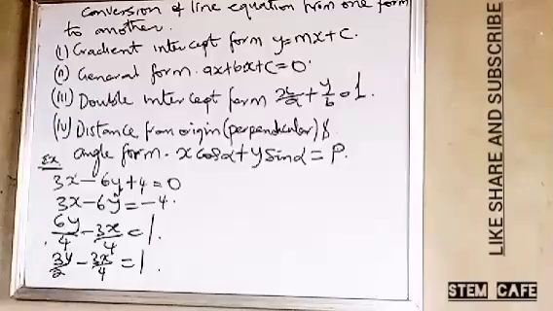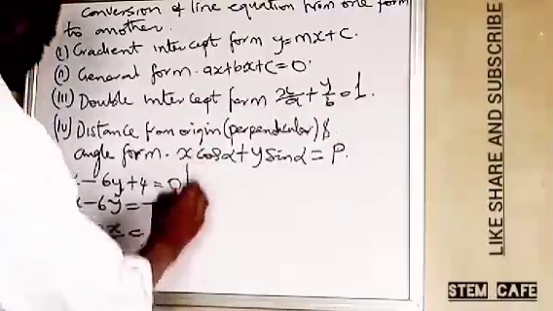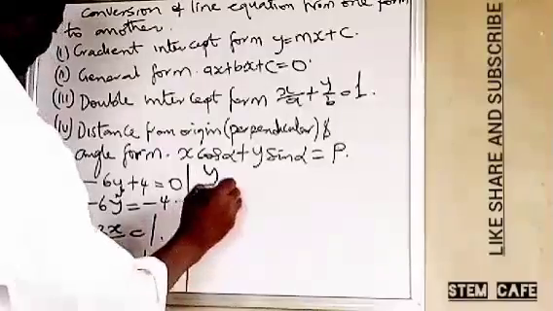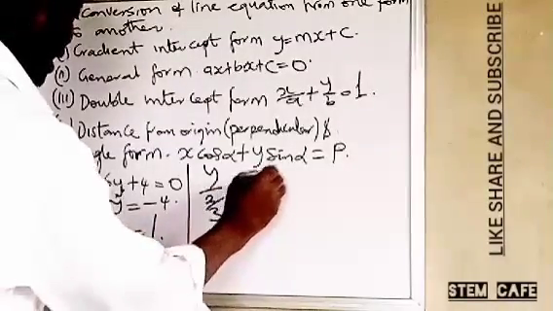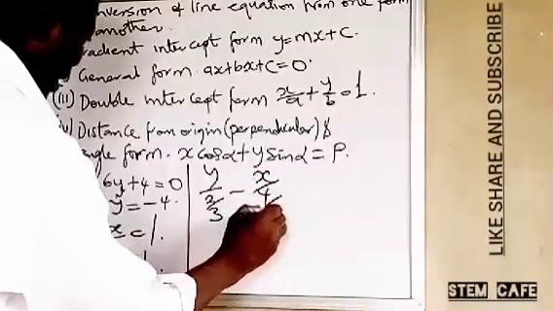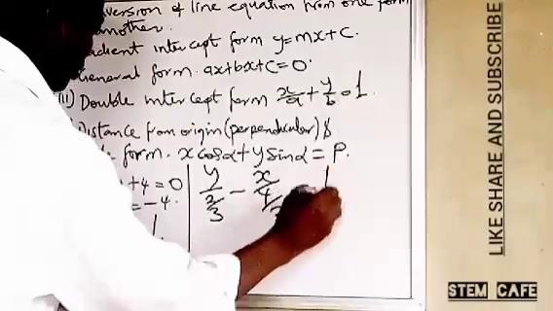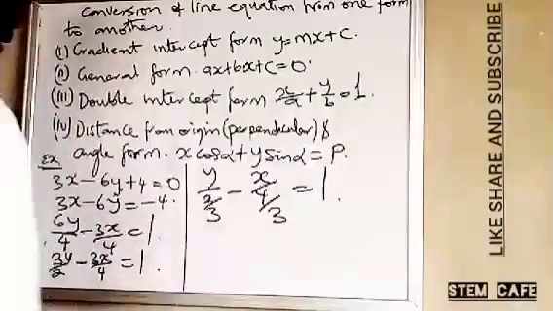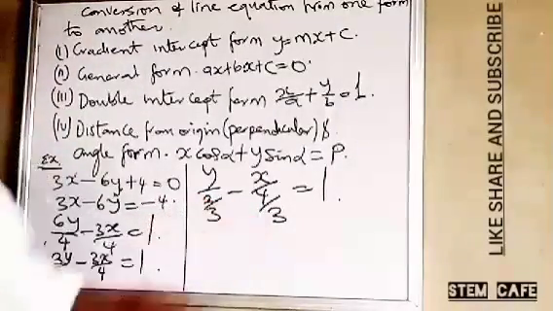So what is our intercept now? You can still go further and say y over 2 over 3 minus x over 4 over 3 is equal to 1. From this, we see that our y-intercept is 2 over 3 and our x-intercept is minus 4 over 3.